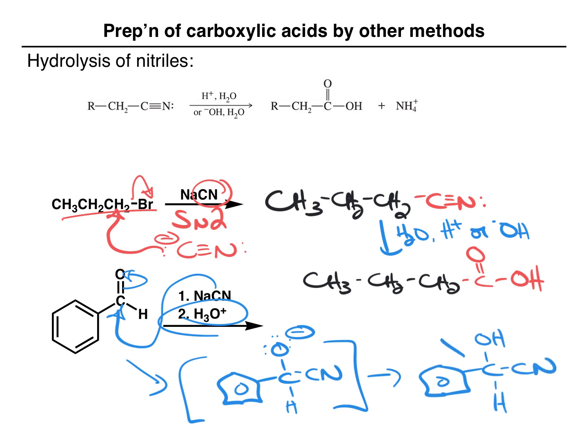And then hydrolysis under acidic or basic conditions will give us a compound that looks like this. So if we focus on our carboxylic acid and then we start naming the carbons adjacent as alpha, beta, gamma, what we have here is an alpha hydroxy carboxylic acid.